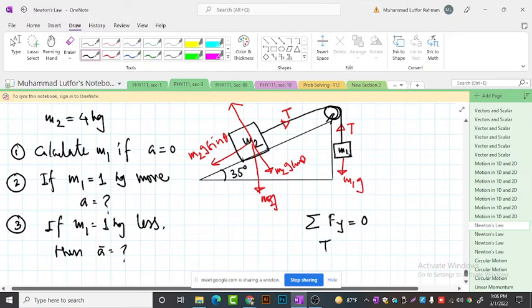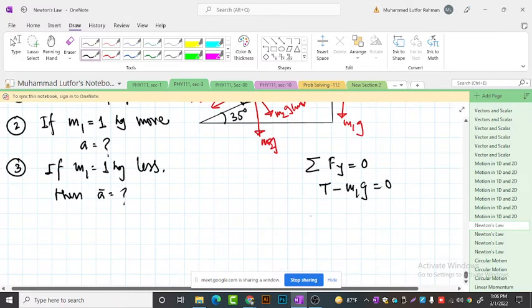Then I should write T minus M1G equals 0. Then I can find M1 would be T by G. So that means if I somehow find the T, then I will be able to find that M1 divided by that G. Fine. So this is equation number 1.